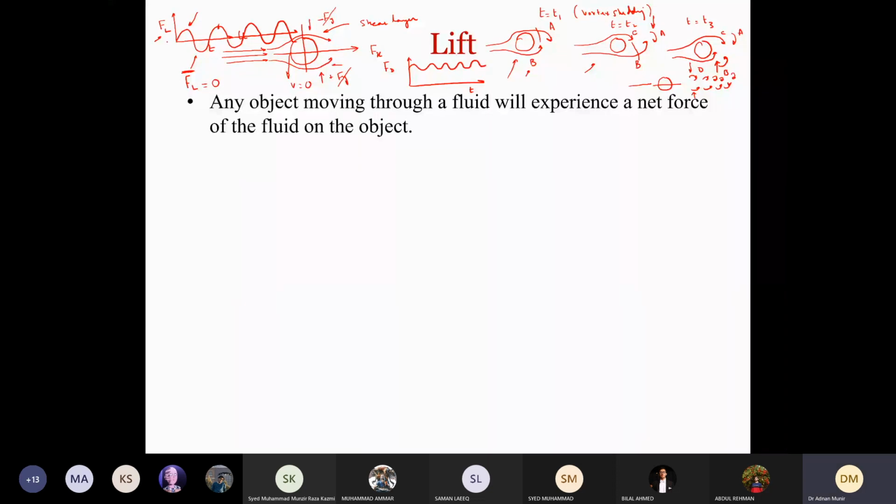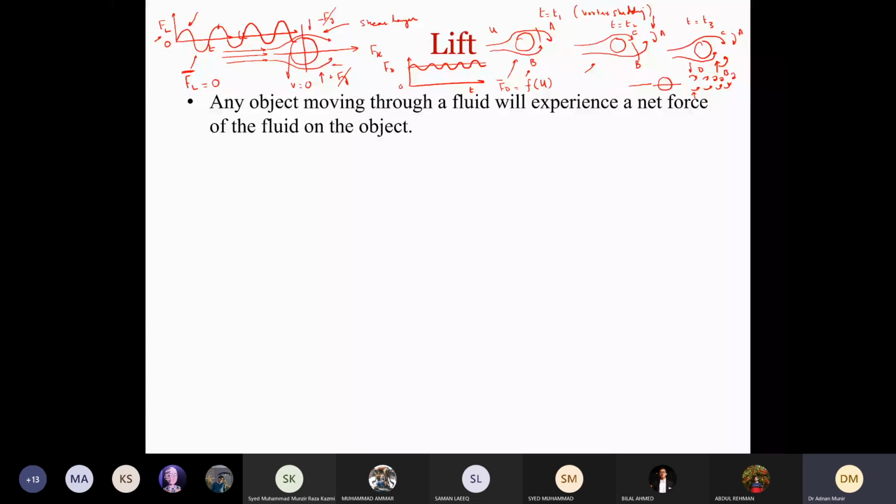In the lift case the mean is zero, but in this case the mean will not be zero. When I take the average of drag force, it will be in the direction of the incoming flow u.